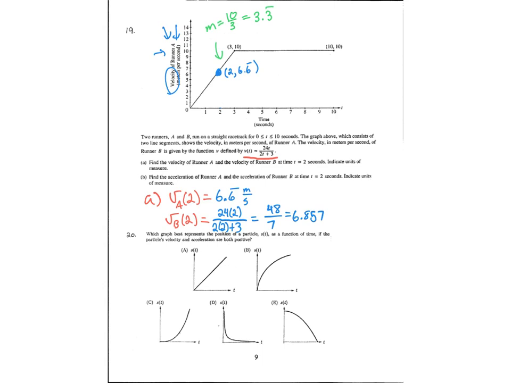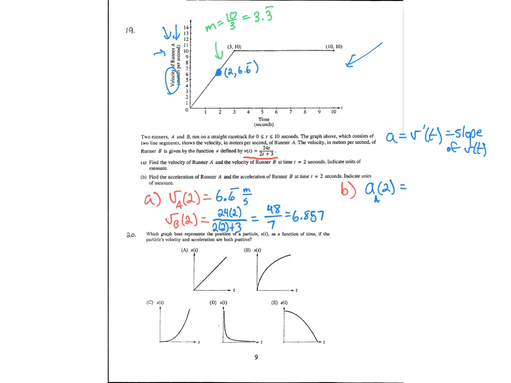The next question, in part B, is asking us to find the acceleration of runner A and the acceleration of runner B at 2 seconds. Remember that acceleration is equal to the derivative of velocity, and that's the slope of velocity. So what we're going to do is find the slope of this graph up there to find the acceleration of runner A at time t equals 2 seconds.